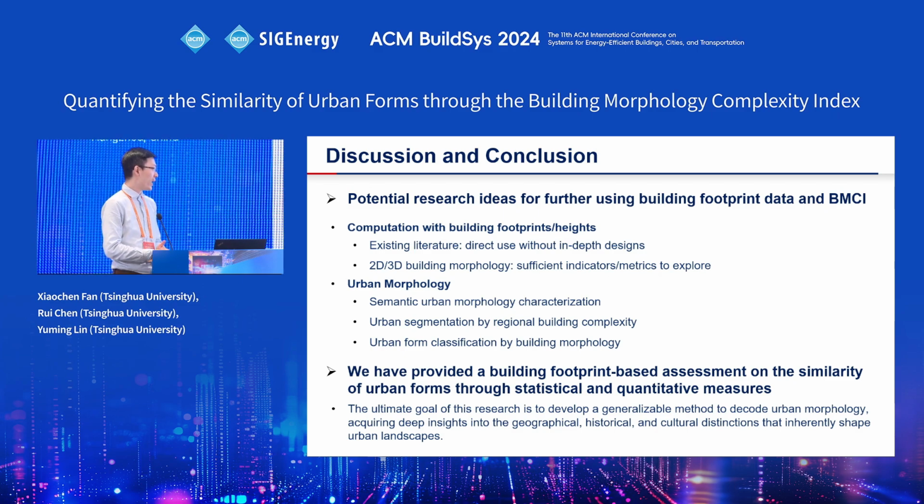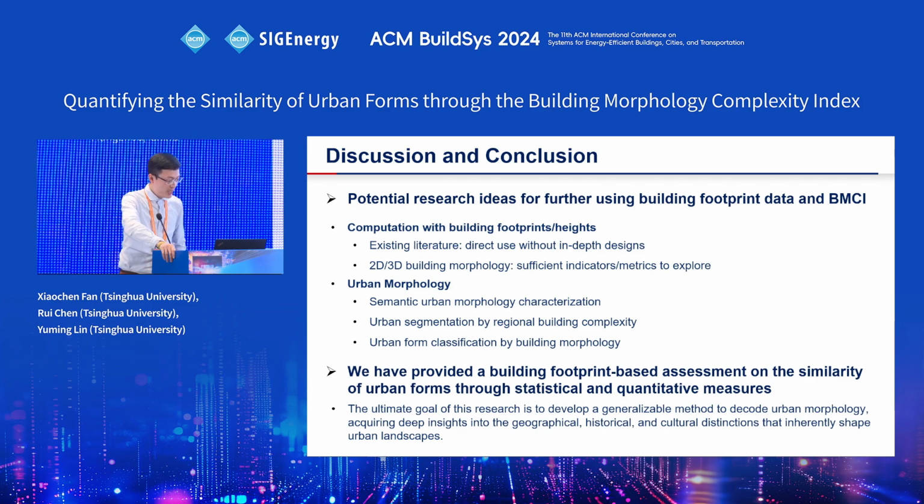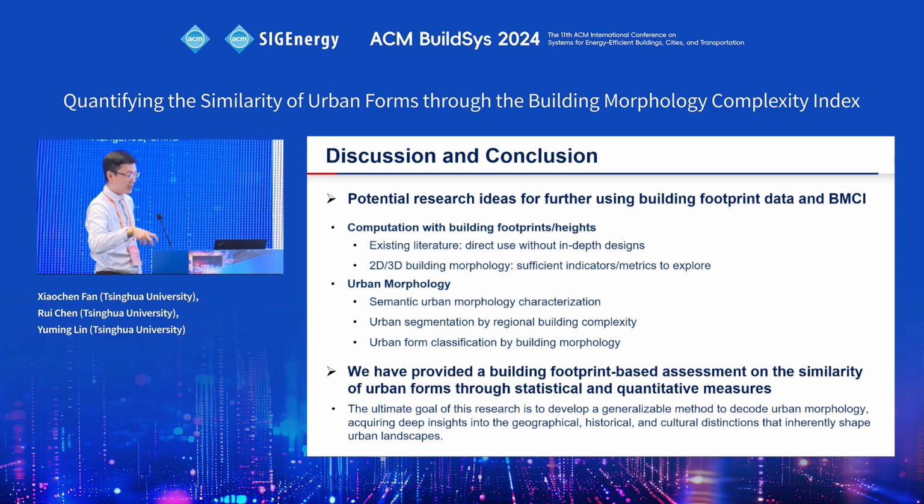So to conclude, we have provided a building footprint-based assessment of the similarity of urban form across cities worldwide with statistical and quantitative measures. The ultimate goal of the research is to develop a more generalizable method or tool to decode urban morphology. And we aim to acquire stronger insight into the geographical, historical and cultural distinctions that are deeply inherent in the urban landscape.